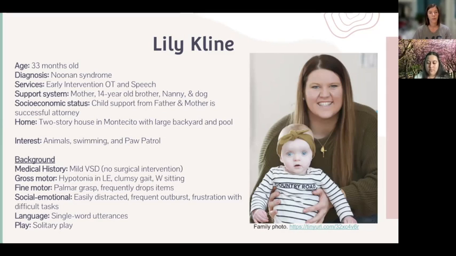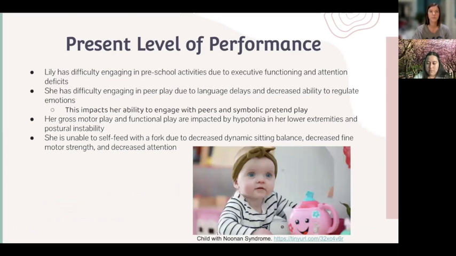She presents with a palmar grasp and frequently drops items due to decreased fine motor strength. She is easily distracted, has frequent outbursts, and shows lots of frustration with difficult tasks. She is receiving speech because she currently is only presenting with single word utterances. And in regards to play, she's only doing solitary play, which is not age appropriate for an almost 3-year-old.